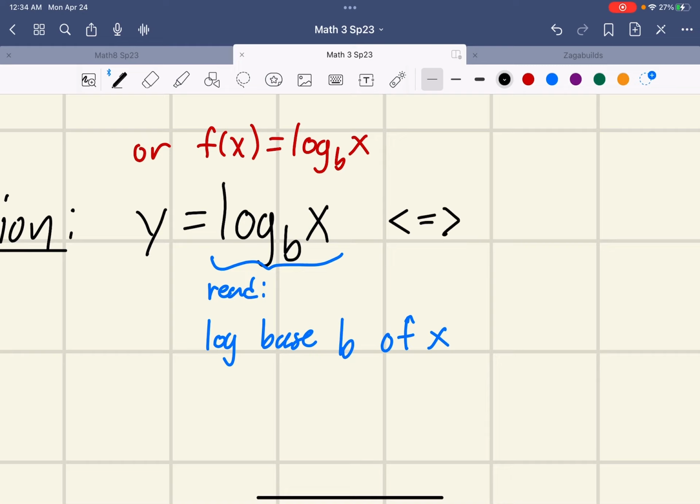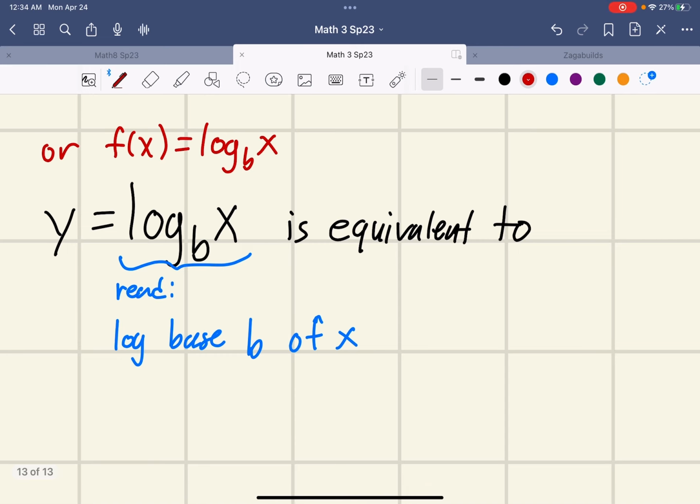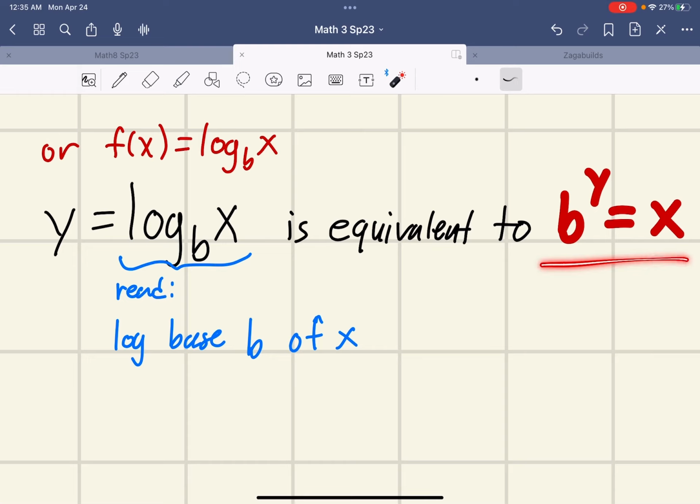Instead of writing the logarithm using log, in words, y equals log base b of x is equivalent to, and I'm going to write this in red because it's really, really important, b to the y is equal to x. Now you're wondering, wait, that looks like an exponential.